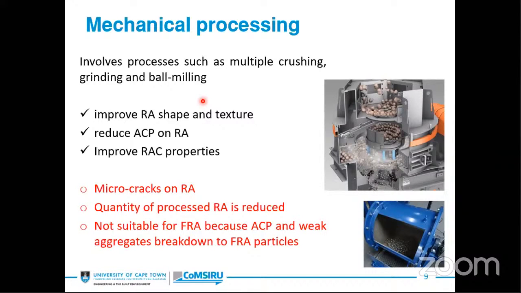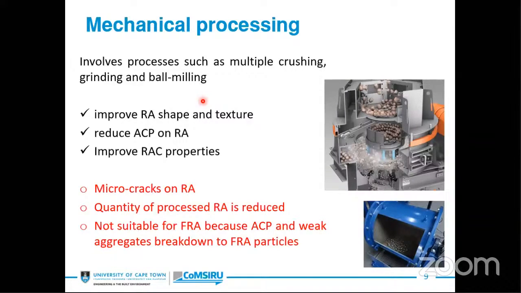However, it comes with some disadvantages. First, there's the development of micro cracks due to the attrition process of the mechanical crushing. And these micro cracks, as we know, can induce durability issues for the concrete produced. Secondly, the quantity of the recycled aggregate processed is reduced.